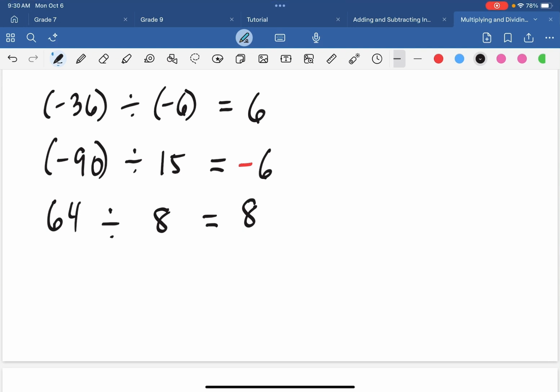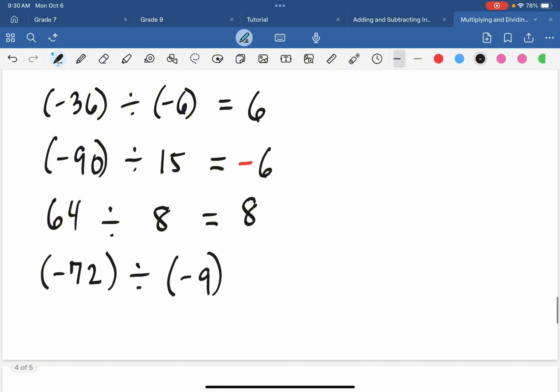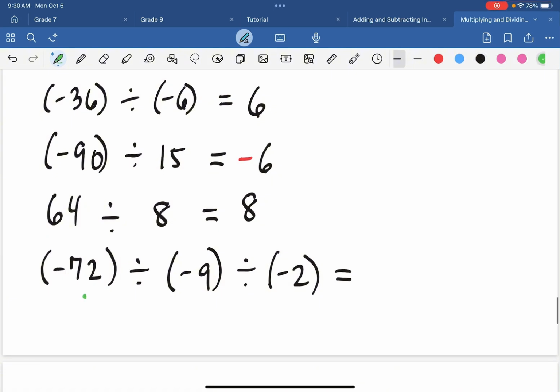Now let's try to apply 3 terms here. So we'll have negative 72 divided by negative 9 divided by negative 2. So first, let's have negative 72 divided by negative 9.